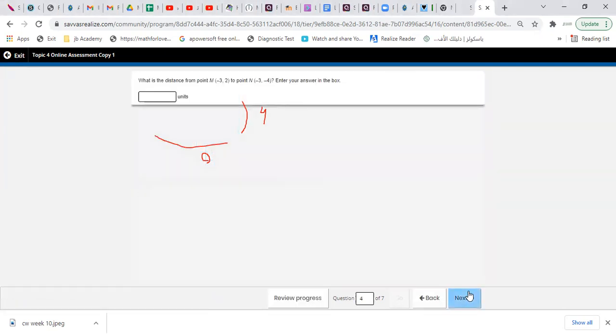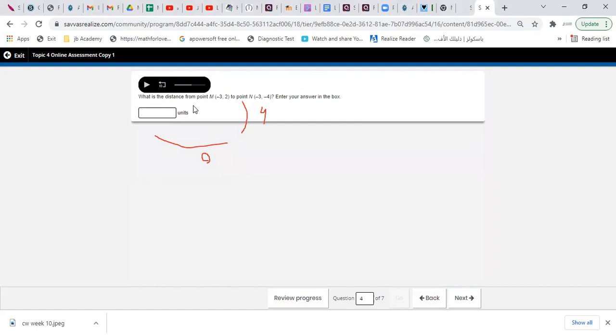Next question. What's the distance from point M, -3, 2, to point N, -3, -4? Now when we want to find the distance between the 2 points, first, they have the same x. And look at the y coordinate, different signs. So they are in different quadrants.